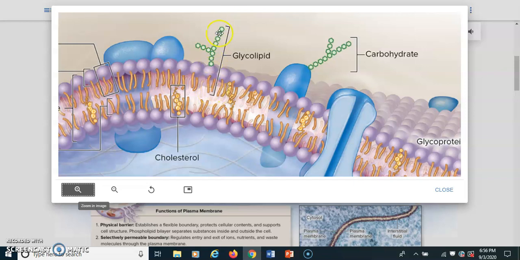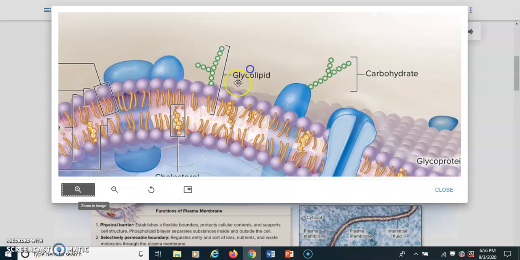So that's the glycolipid. And these are important on cells. You notice how that sticks off the surface of the cell. So here's the external environment out here outside the cell. So it allows for the other cells to recognize it.